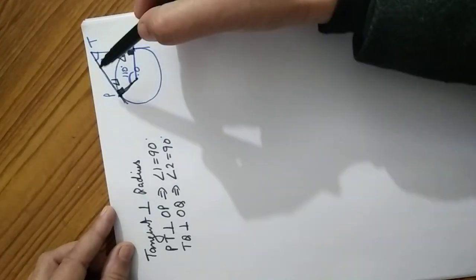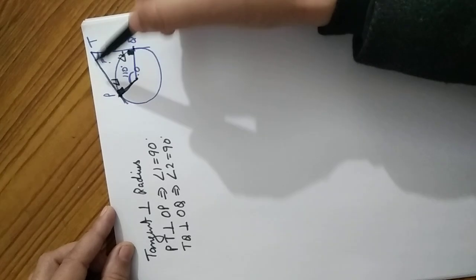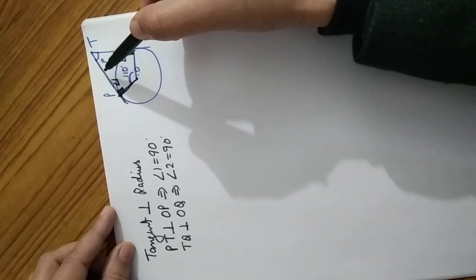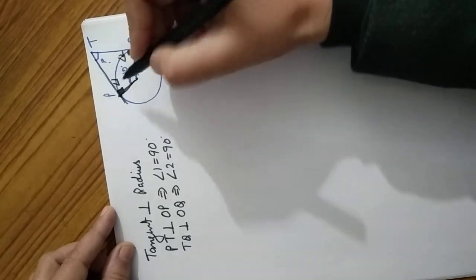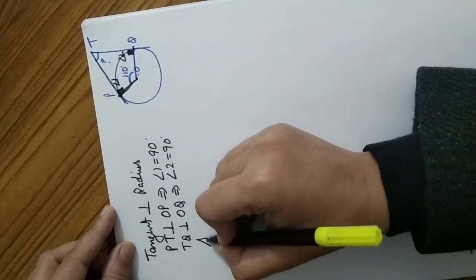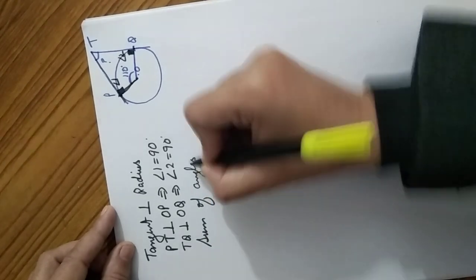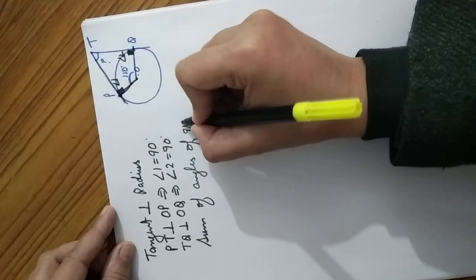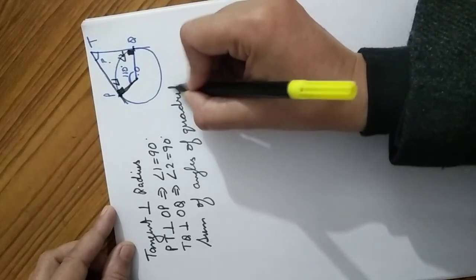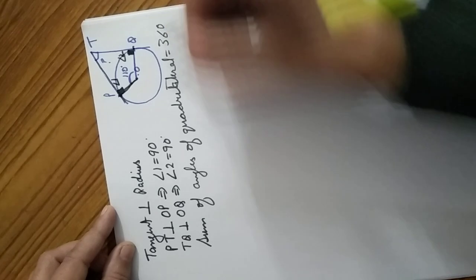Now you will look at this quadrilateral TQOP. Any closed figure in which we have four sides is known as a quadrilateral. And also we know that the sum of angles of a quadrilateral is equal to 360.